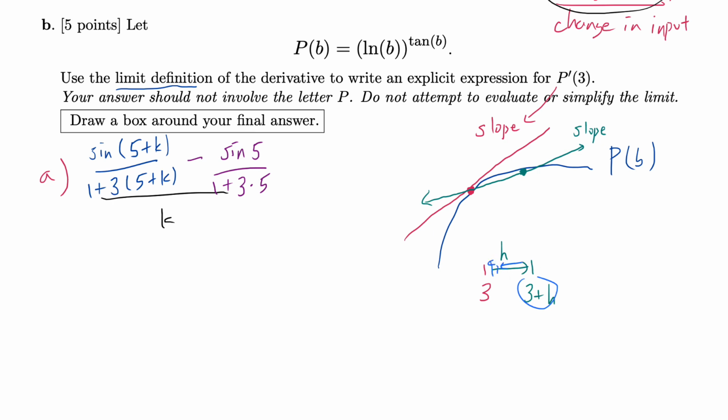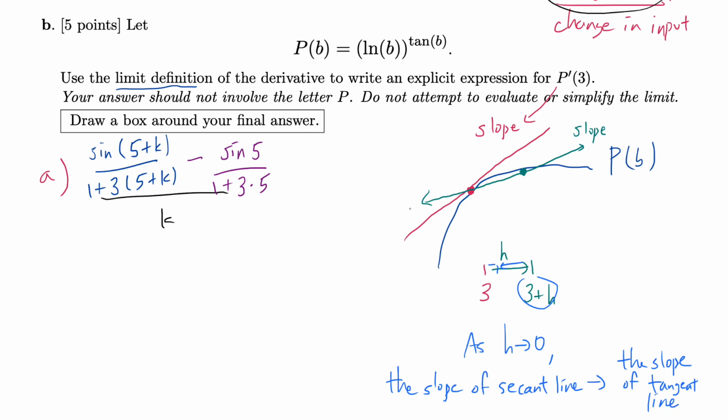As this point moves closer to the red point, the secant line starts approaching the tangent line. So as h approaches 0, the slope of the secant line approaches the slope of the tangent line. This is the key idea behind the limit definition of the derivative.